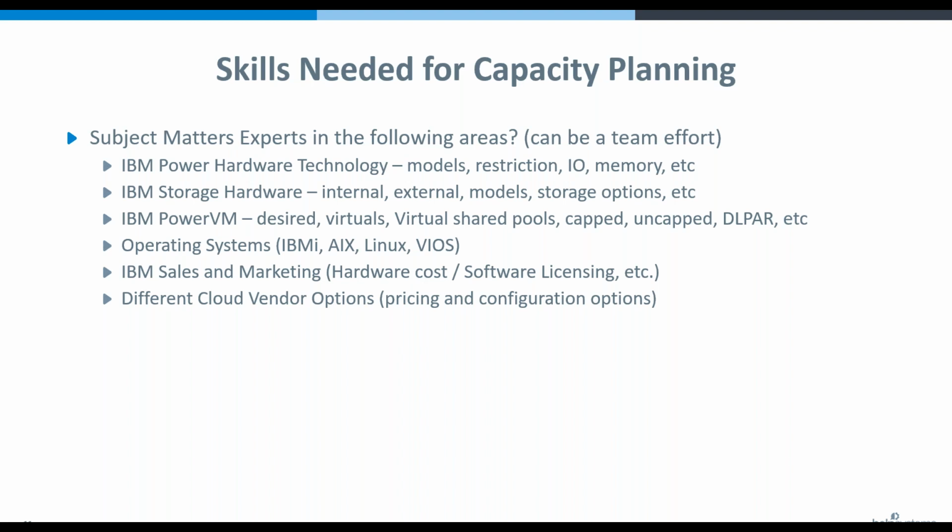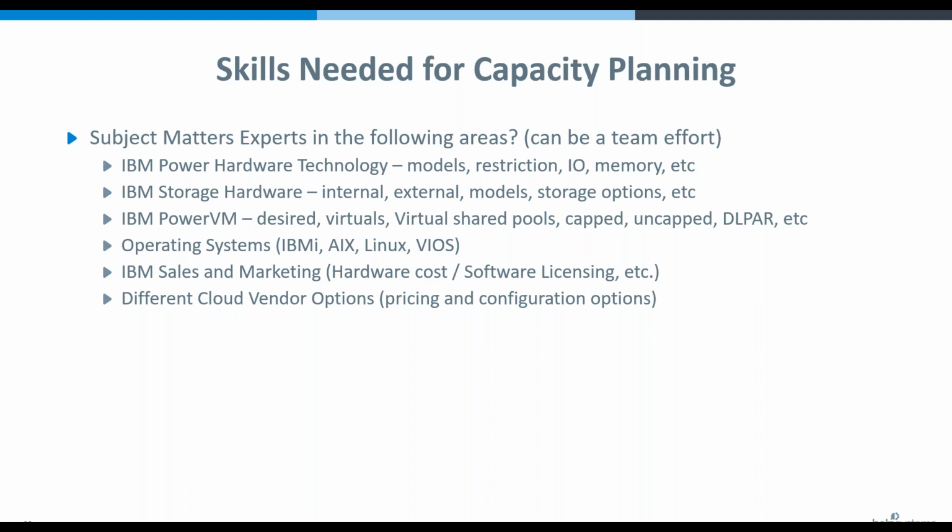And then storage and hardware, internal, external, models, storage options, all those things come into play. IBM PowerVM, desired virtuals, virtual shared pools, capped, uncapped, LPAR activity. I mean, you need to understand those things. And then, of course, the various operating systems. You might be looking to put IBM i on a 1055. Guess what?